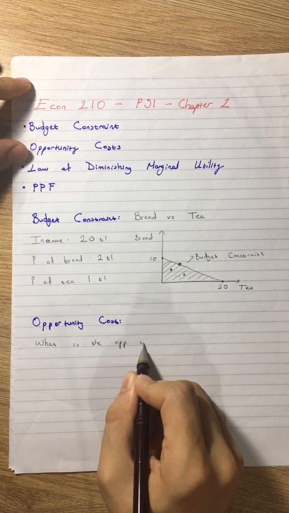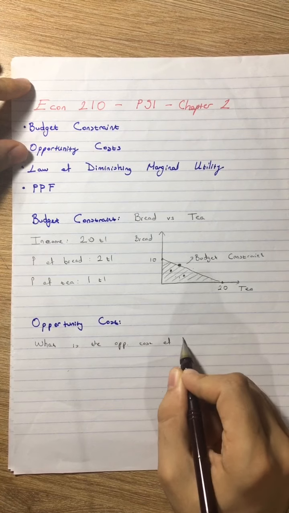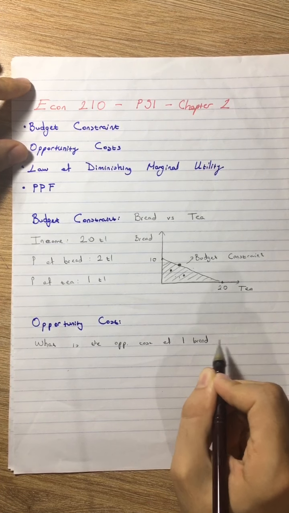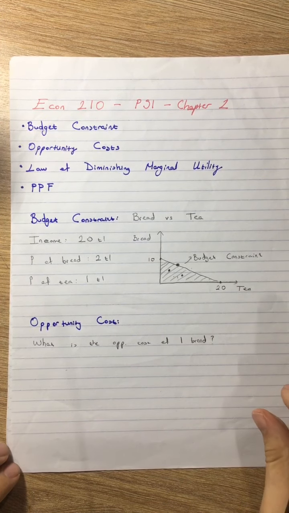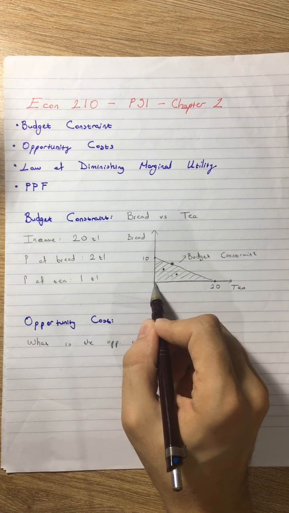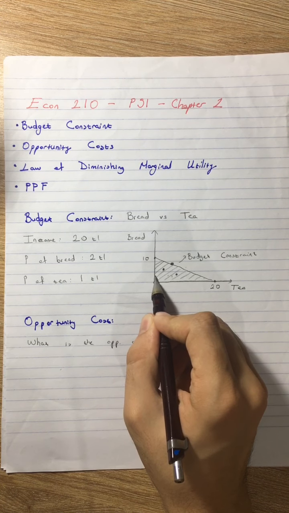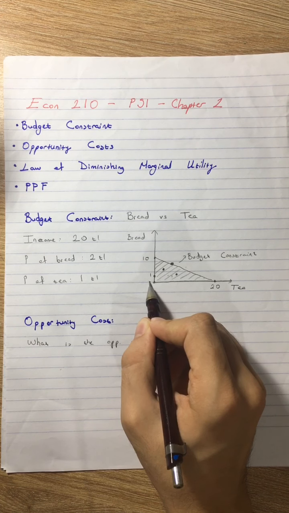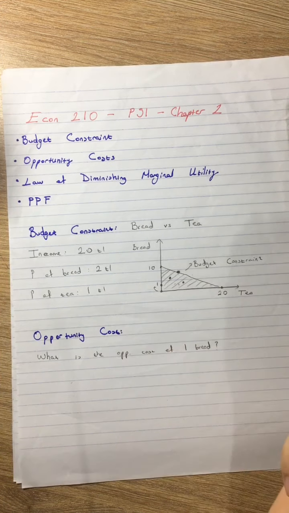It's essentially asking how much tea you should give up in order to obtain 1 unit of bread. Let's see it on the graph. If I have 0 bread and I want to have 1 bread, I'm going from this point to this point.